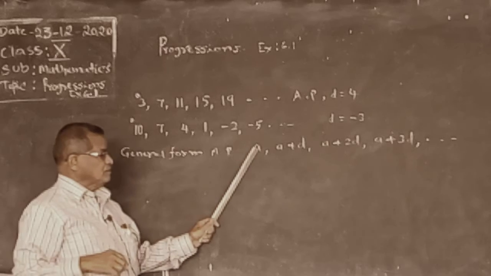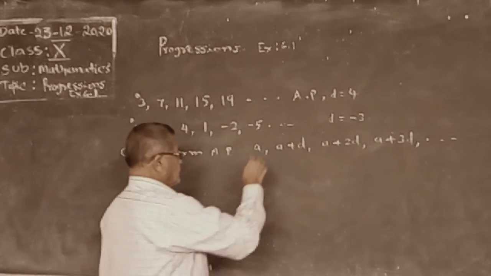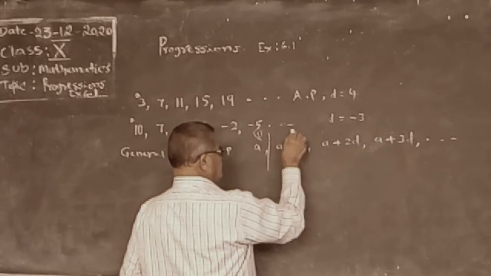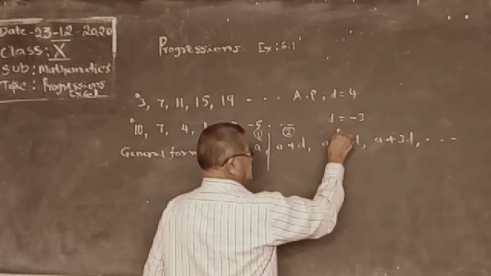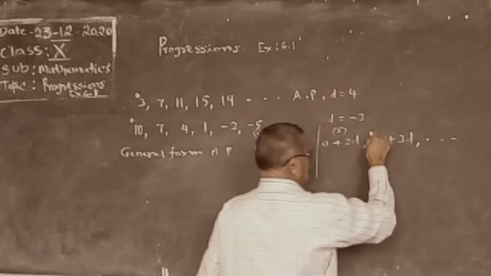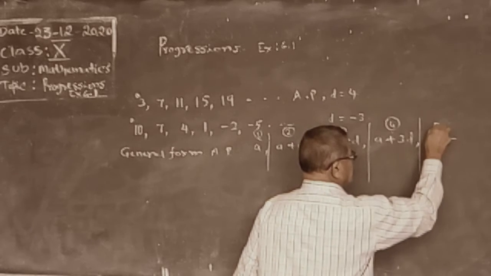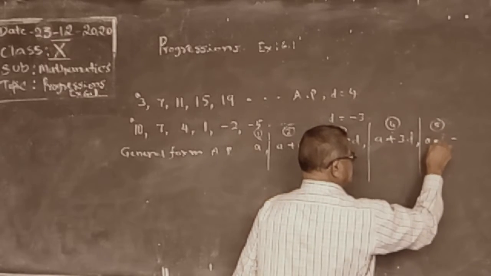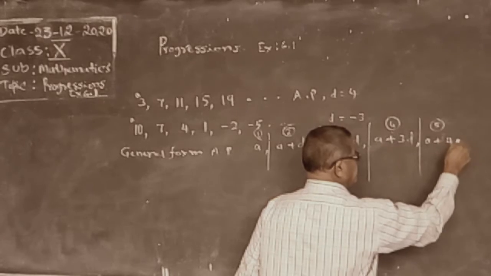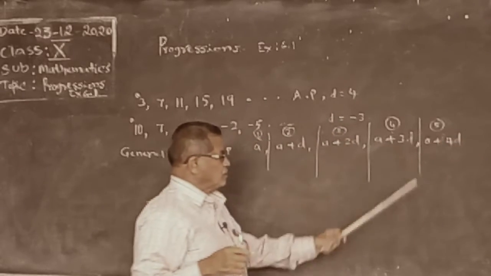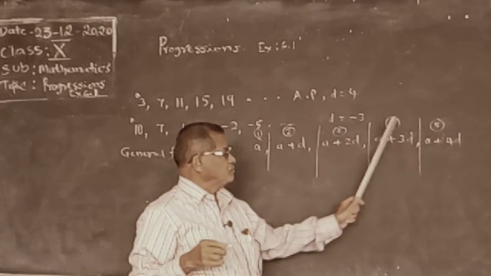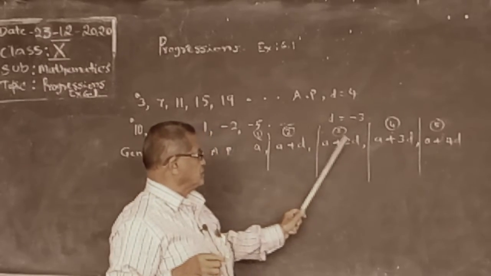So this is first term, second term, third term, fourth term, fifth term, A plus 4D. So one number less: 5 minus 1, 4 minus 1, 3 minus 1.